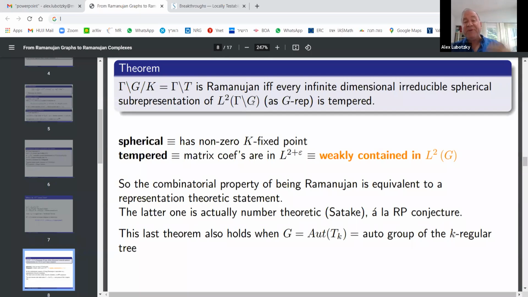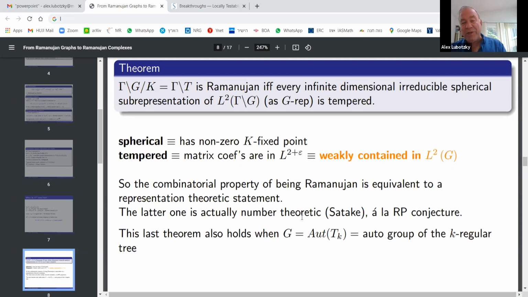We go to an infinite dimensional unitary representation L2 of G mod Γ, and if we understand its decomposition, then we understand that this finite graph is Ramanujan. So as it's written here, the combinatorial property of being Ramanujan is equivalent to a purely representation theoretical statement.